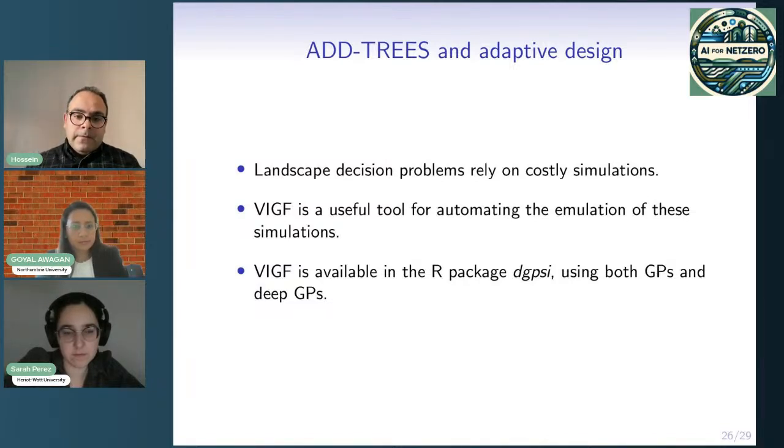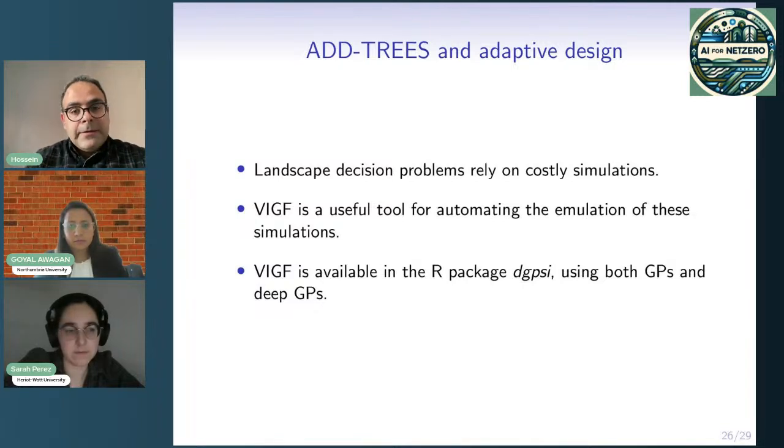As part of this project, VIGF and other adaptive methods as well are implemented in our package called DGPSI. In this package, the adaptive methods are implemented based on both Gaussian processes and deep Gaussian processes.